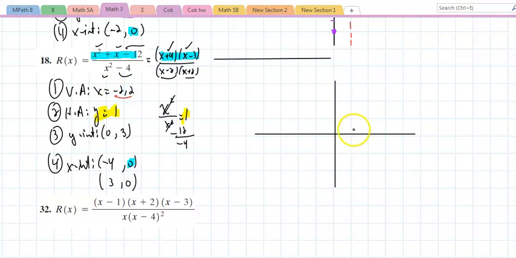Vertical asymptote, x equal 2. Let me center that a bit better. 1, 2. Negative 2. Negative 1, negative 2. Horizontal asymptote, y equal 1.